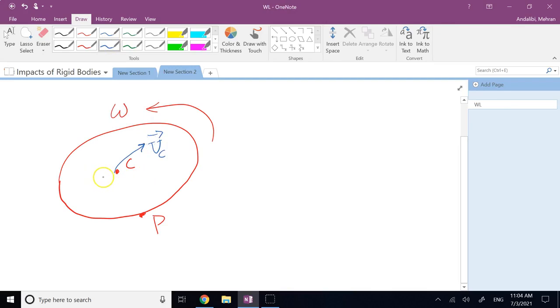And the whole mass is concentrated here. So if I ask you what is the angular momentum of the system about point P, not about point C, because if I ask about point C, based on one of the formulas I proved in that video, it is equal to the moment of inertia about point C times omega, correct? That was what we had.